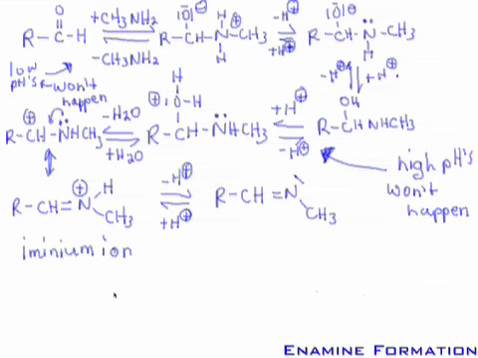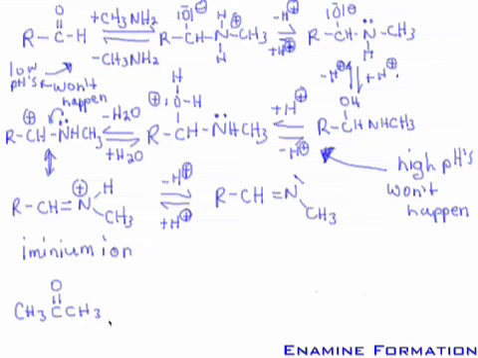A secondary amine, what would happen? Well, let's actually make the R group a methyl. Let's use CH3, C double bond O, CH3. Let's use acetone this time.